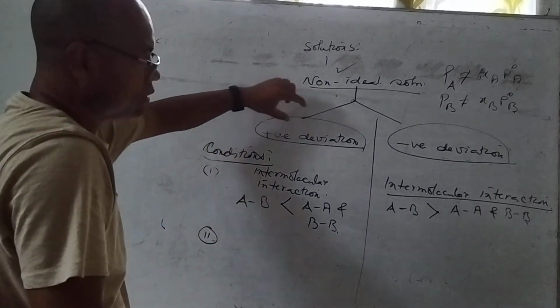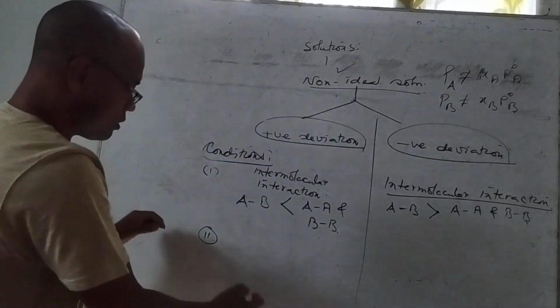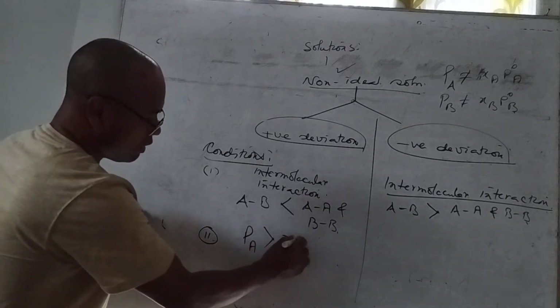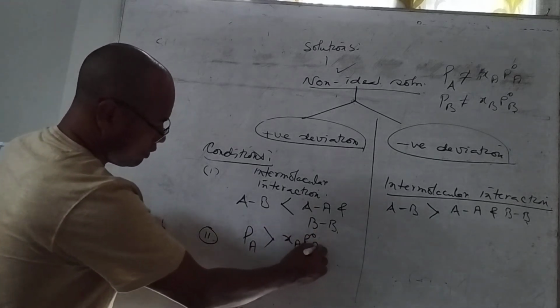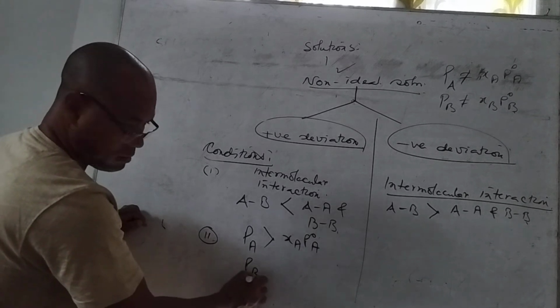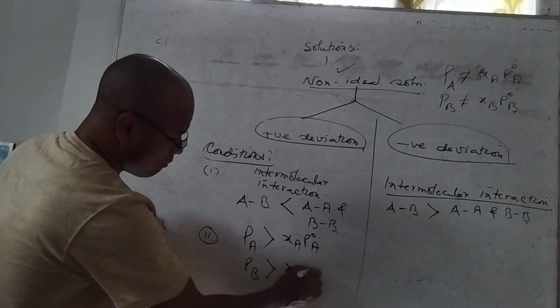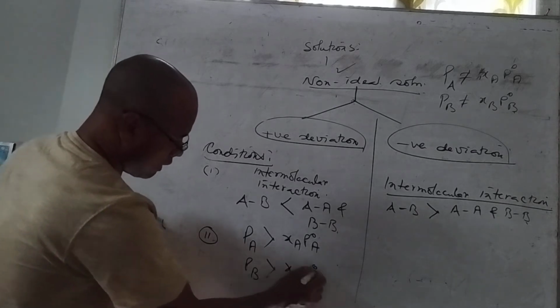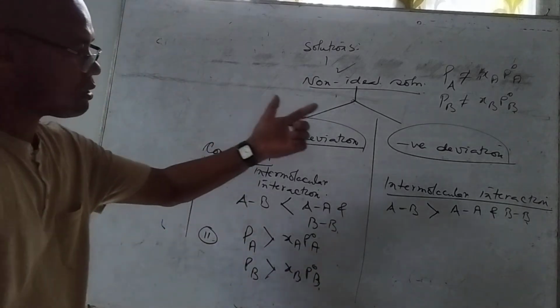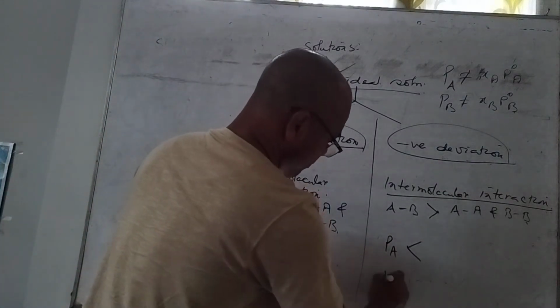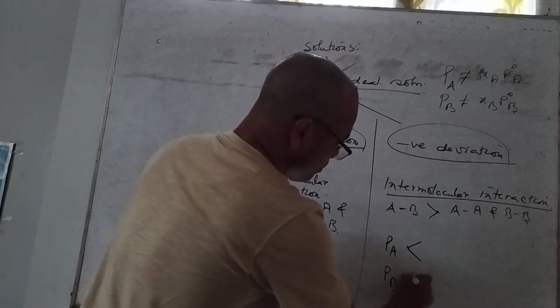For the positive deviation, we can write PA greater than XA P0A, and PB greater than XB P0B. But in the case of the negative deviation, it should be less than.